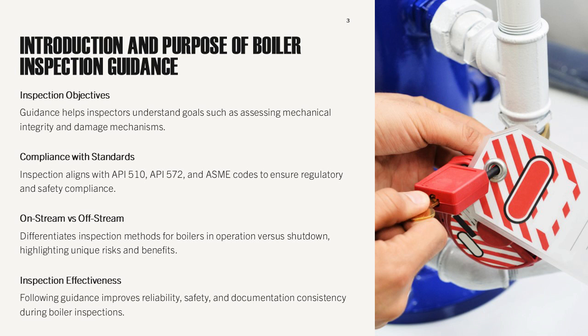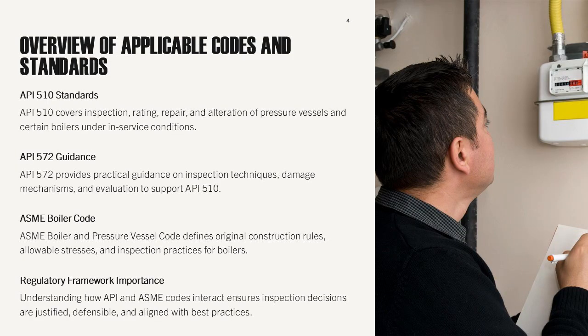its service life. Boiler inspection activities are governed by a combination of design codes and in-service inspection standards. API 510 establishes requirements for the inspection, rating, repair, and alteration of pressure vessels, including certain boilers not fully covered by jurisdictional rules. API 572 provides practical guidance on inspection techniques, damage mechanisms, and evaluation methods that support API 510 implementation.